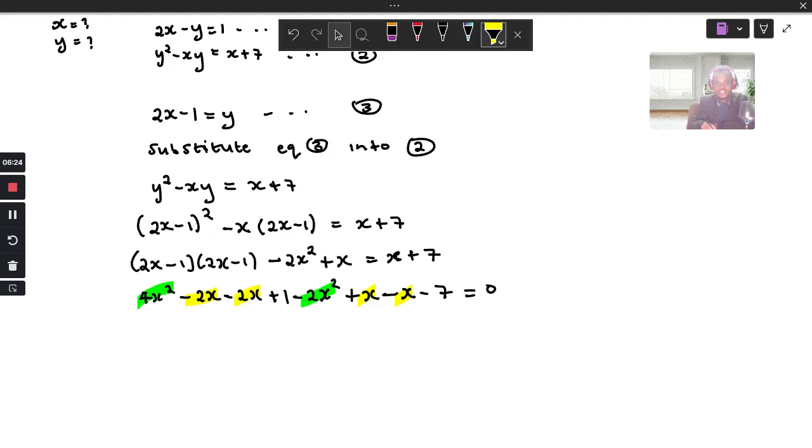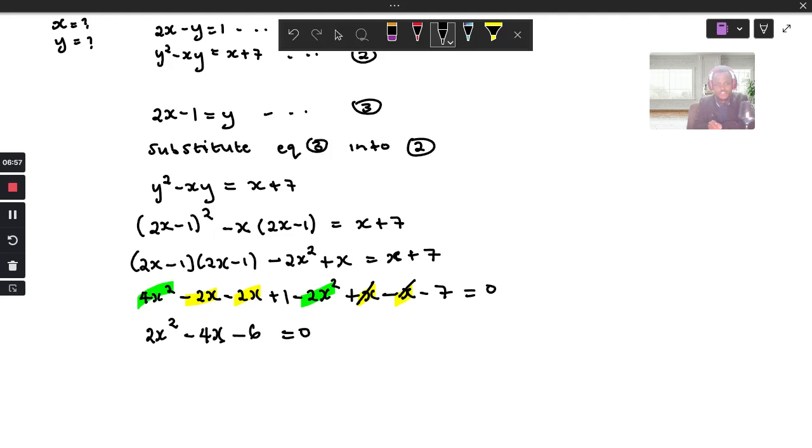As for these two, they just cancel one another. For this one, 4 minus 2 gives you 2x squared, and then minus 2x minus 2x becomes minus 4x. And then we have 1 and we have minus 7. So minus 7 plus 1 becomes minus 6, being equal to 0.